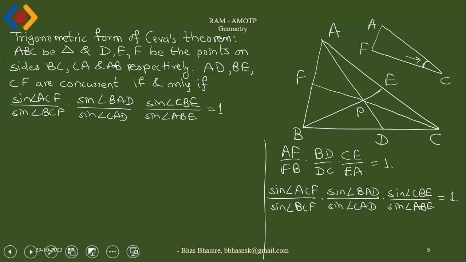You can find that here we have ACF in the numerator, then BAD in the numerator and CBE in the numerator. So you can see how alternate they are coming, and the rest are in the denominator. Not necessarily in the same sequence do we express this. We can write that in another sequence also, like BAD over DAC times ACF over FCB, then the rest, CBE over EBA. We can go like that.